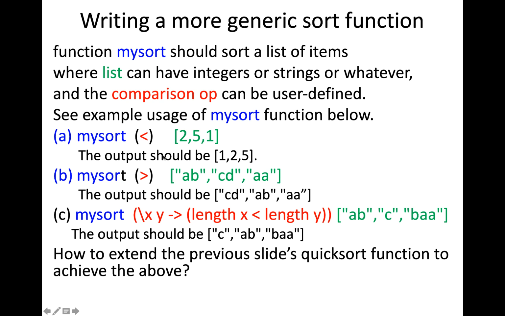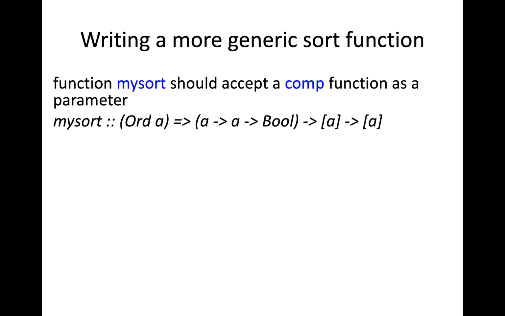And also the list can be integers or strings or whatever, so everything is fluid. How to write such a generic quicksort function? Fortunately it's not that difficult.